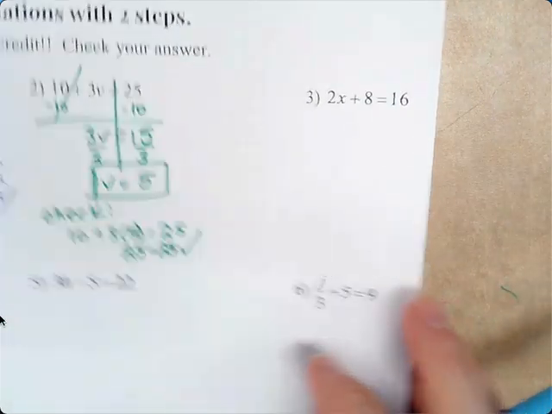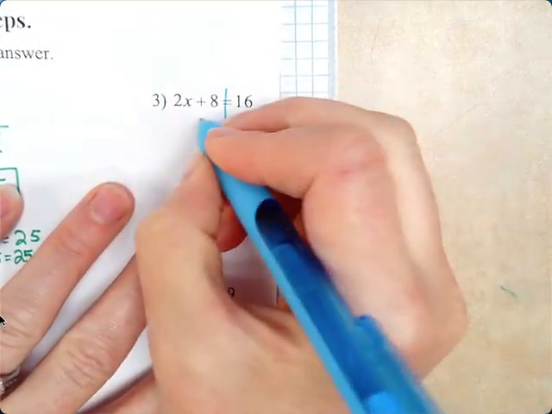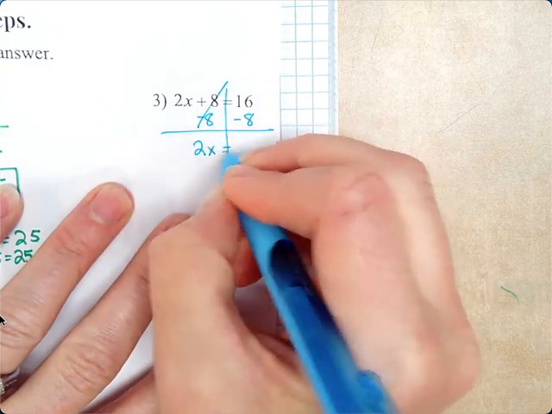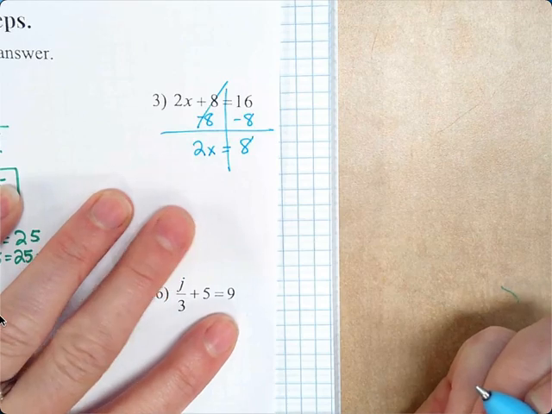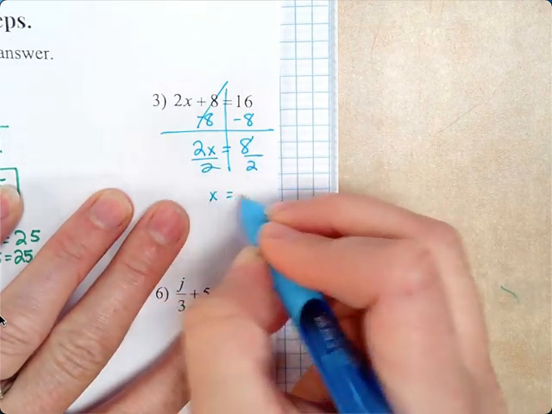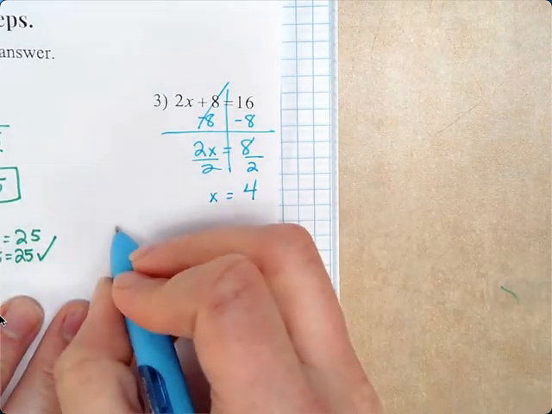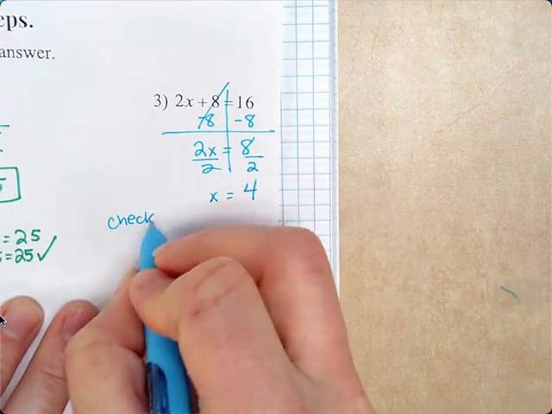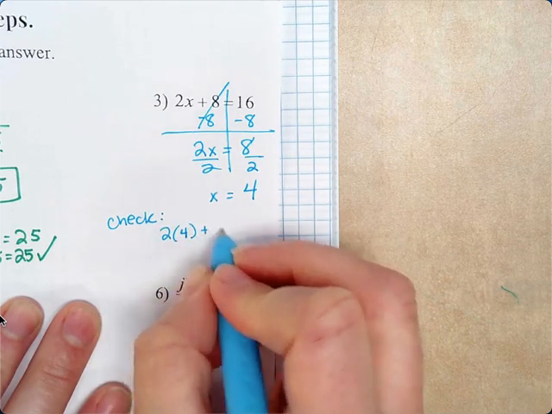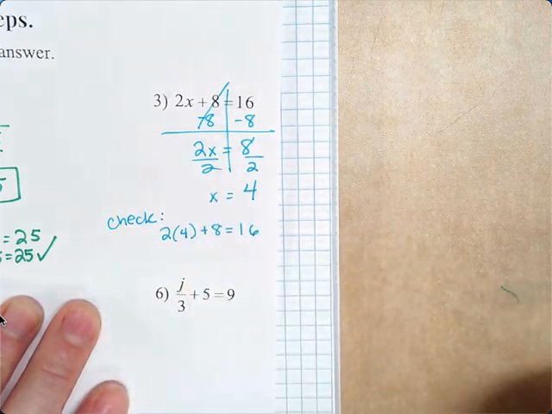Number 3. So minus 8, minus 8. 2x equals 8. So divide by 2. X equals 4. And check. 2 times 4 plus 8 equals 16.